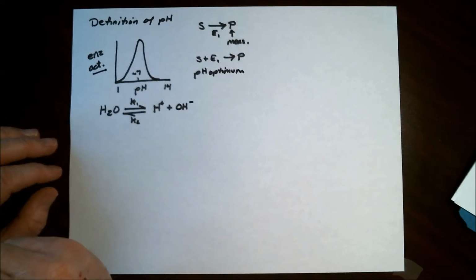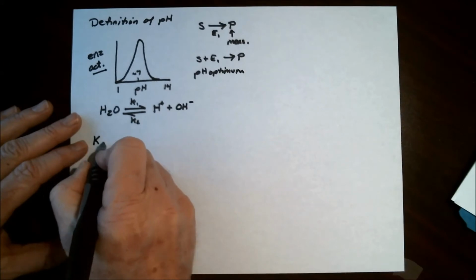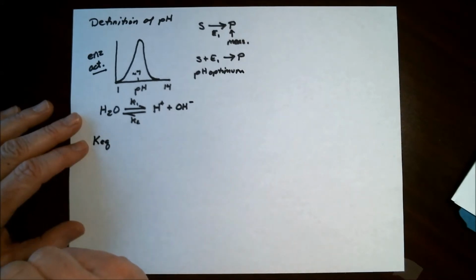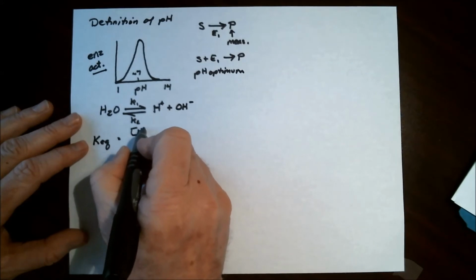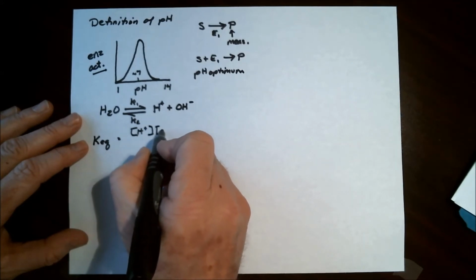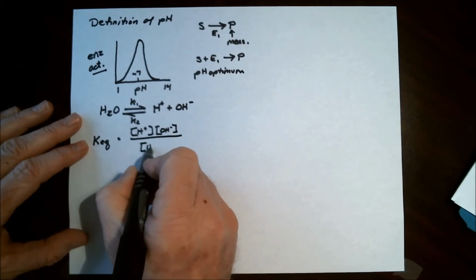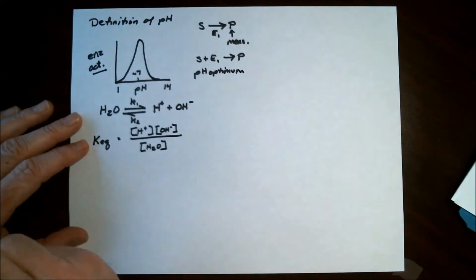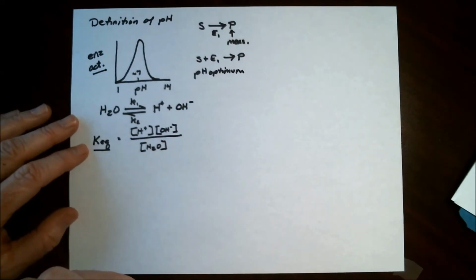We know that water does not ionize very readily. But if left to equilibrium, we can measure the concentration of protons times the concentration of hydroxide ions over the concentration of water, and we can derive the equilibrium constant.